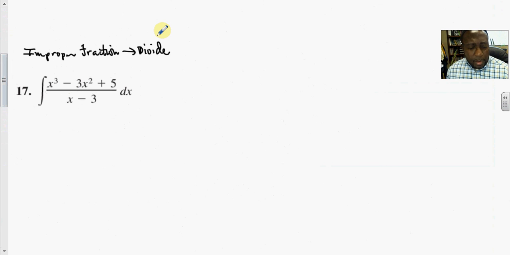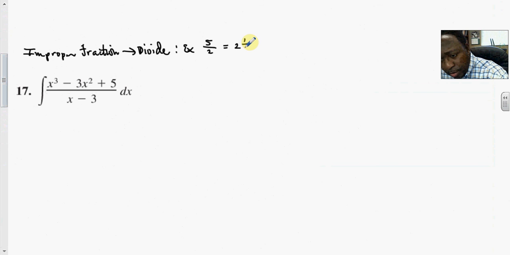We learned this dealing with numbers, from grade school, improper fractions, right? 5 over 2, so you say that this is 2 and 1/2, right? You divide the denominator into the numerator to simplify it.